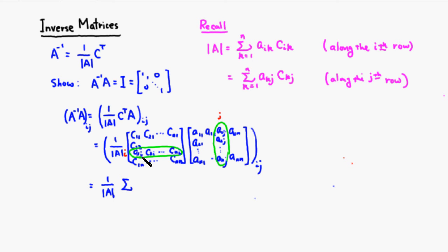So k goes from 1 to N, and I'm going to write these first, A_kj times C_ki. What kind of number are these?